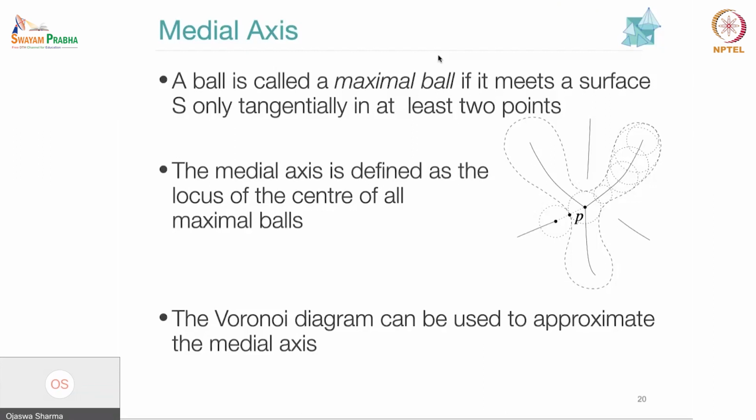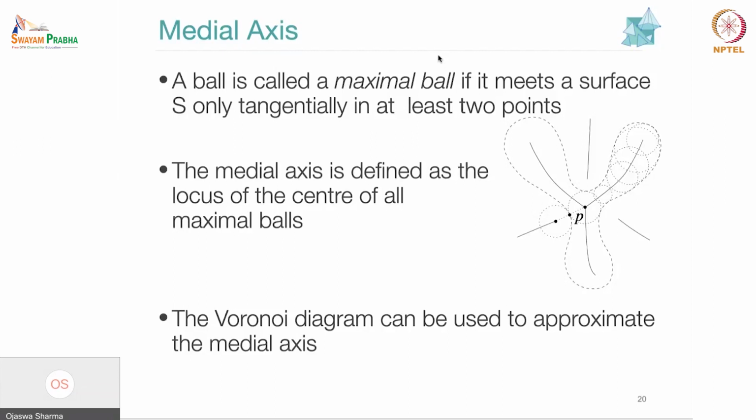It is also known by certain other names. You could also say skeleton of the shape, or medial axis. Medial axis is, I would say, a more technical term that is more appropriate to use, but skeleton is also used informally. The endoskeleton is the skeleton inside, the exoskeleton is the skeleton outside of the shape.